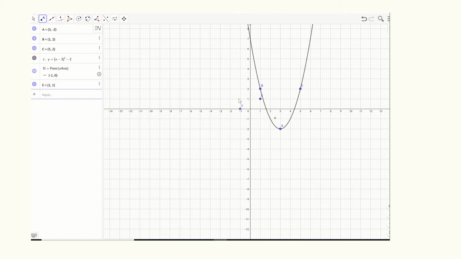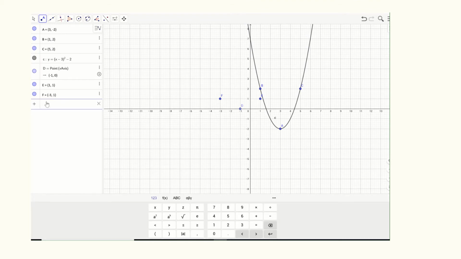Now, how many units on this horizontal line where y is equal to 1 are we away from the axis of symmetry? We're 2 units. So we can also expect to see a point 2 units to the left, so that when x is -3, y is also 1. Let's see if this holds true.